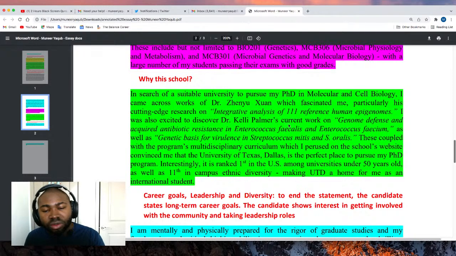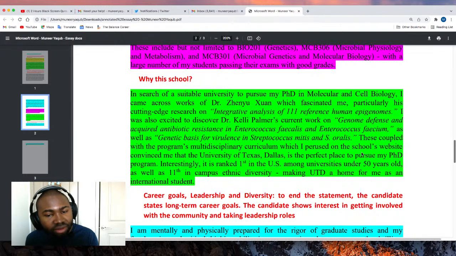So that was one. The second reason I gave was that the program I wanted to apply to in that school has a multidisciplinary curriculum, which I read on the school's website. And I said that convinced me that UT Dallas is the perfect place to pursue my PhD program.